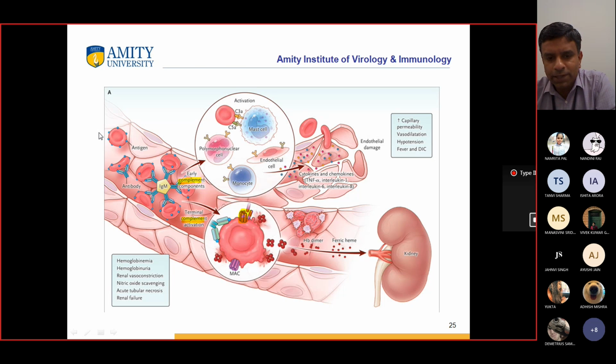If the wrong blood is transfused, our immune system sees these antigens, and when it recognizes them as foreign, it generates antibodies, which leads to activation of the complement system, and then ultimately to formation of MAC, and the RBC gets lysed. We have discussed this, so I'm not going to discuss this again, but let's move ahead.